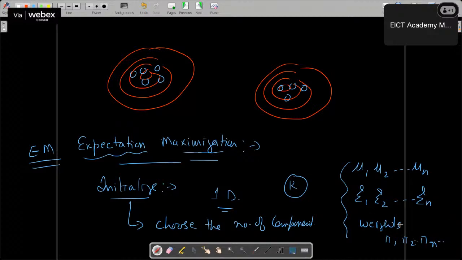Here mu1 is the mean, sigma1 is the covariance matrix, and pi1, pi2 are the mixture weights in the multivariate normal distribution.